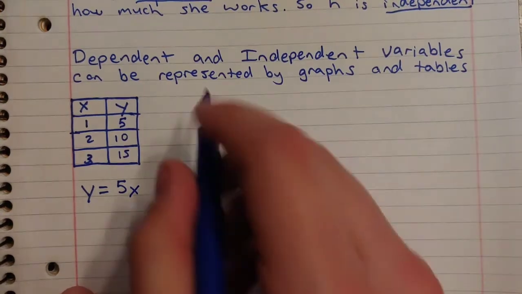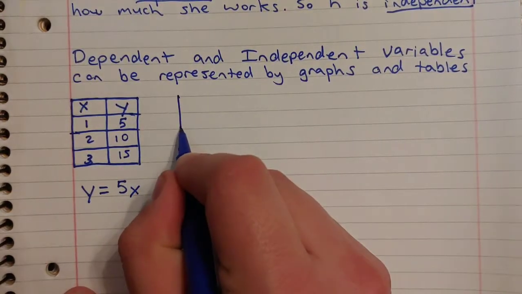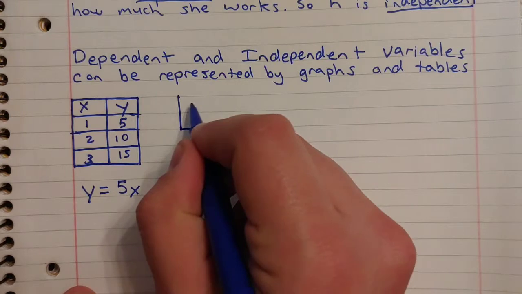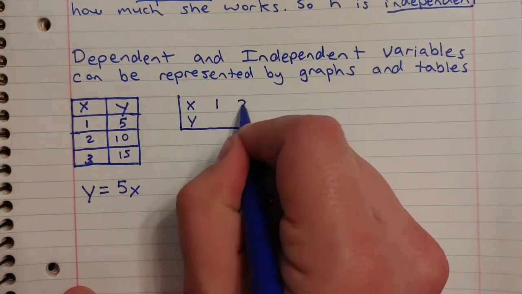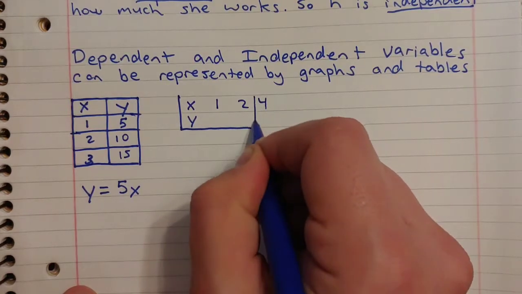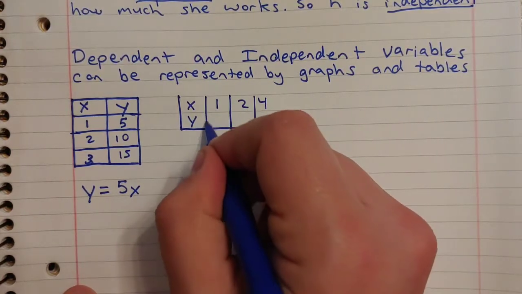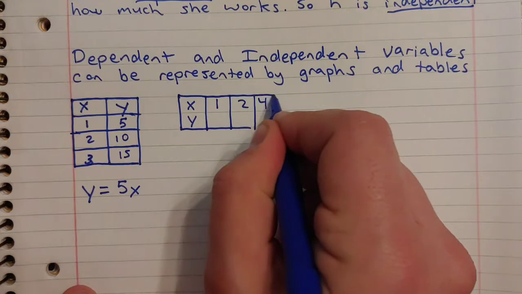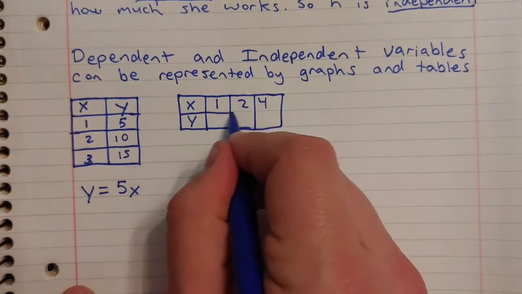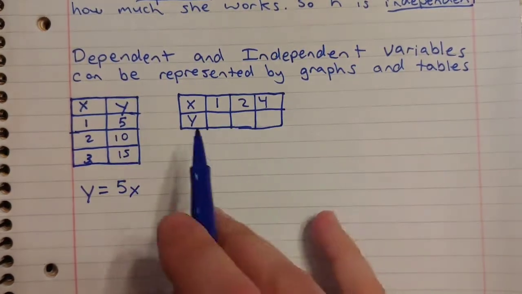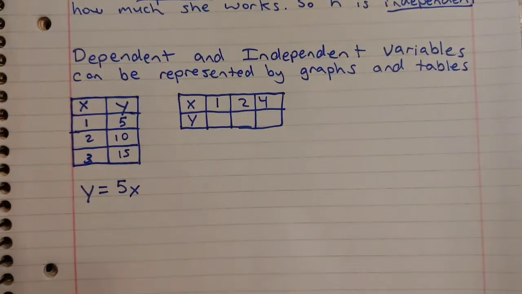Now, your tables could also be written this way right here. This one was vertical. You can also have a horizontal one.